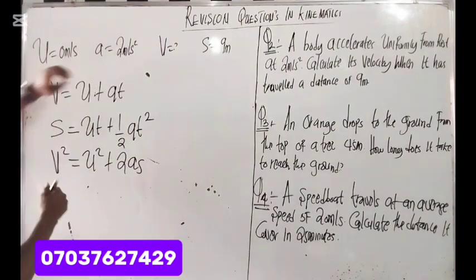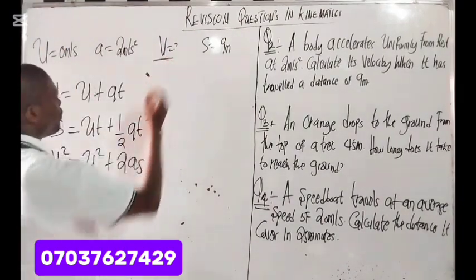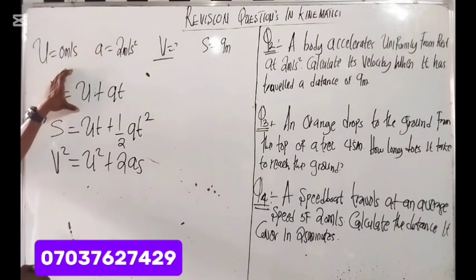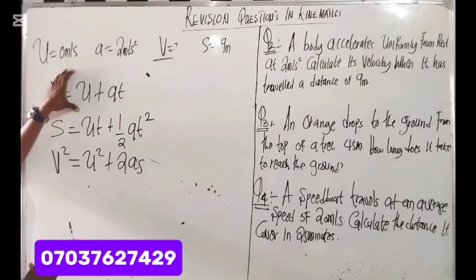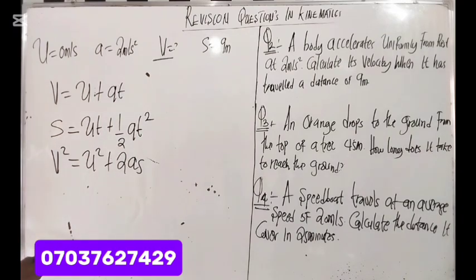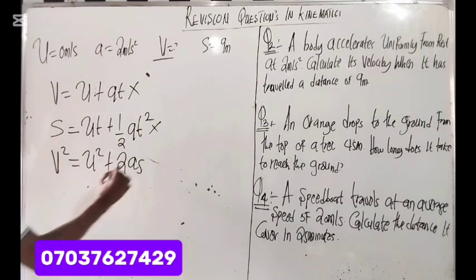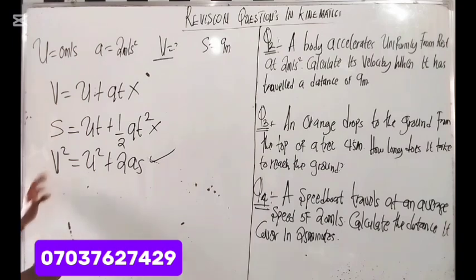Here, they ask us to calculate the final velocity. There's no way we can use the first one, because they didn't talk about the time. And the second one needs time too. Here there's no time given. The one you can easily use is this one here, because we are asked to calculate the final velocity.